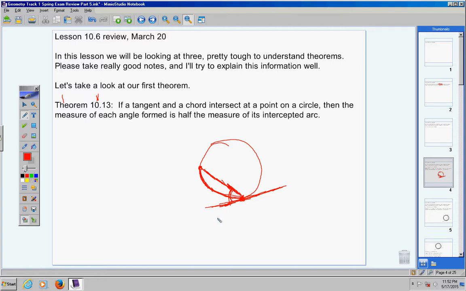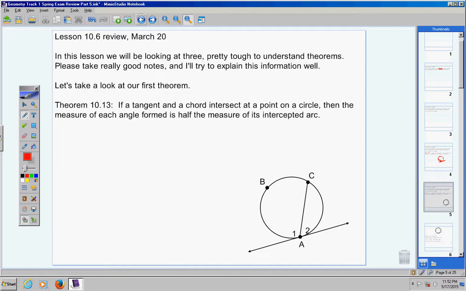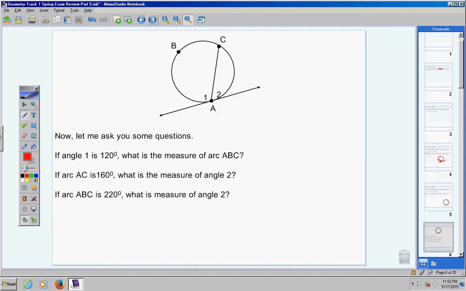Now let's apply this to a problem. I would definitely copy this in your notes. Copy this down, please. Let me see if we can't answer these questions. I'll pause a second while you copy this down and then copy these questions down. Just a couple seconds, though. We have to hurry.